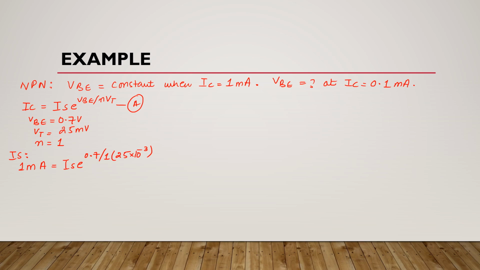If we rearrange this equation, we get IS is equal to 1 into 10 raised to the power minus 3 divided by e raised to the power 28, and after solving this equation you get IS is equal to 6.915 into 10 raised to the power minus 16 amperes. Okay, so this is the value of saturation current here.